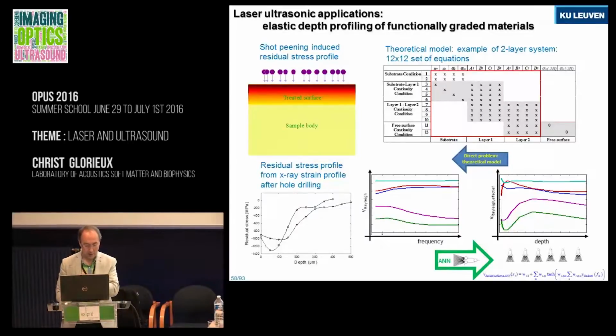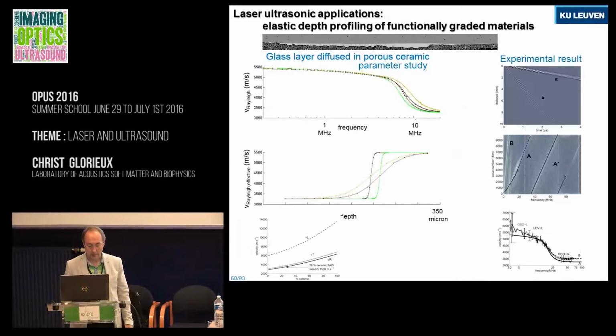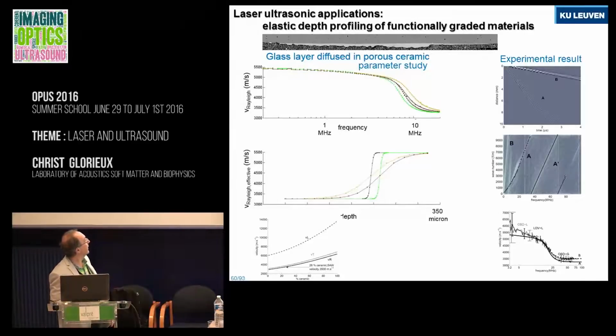And these are some simulated examples where you see dispersions of velocities and then the profiles recognized by the neural network. And you see that the recognized profile is quite similar to the real profile. Yeah? Those are simulated examples. This is a parameter study where you can see different profiles and different dispersion curves.